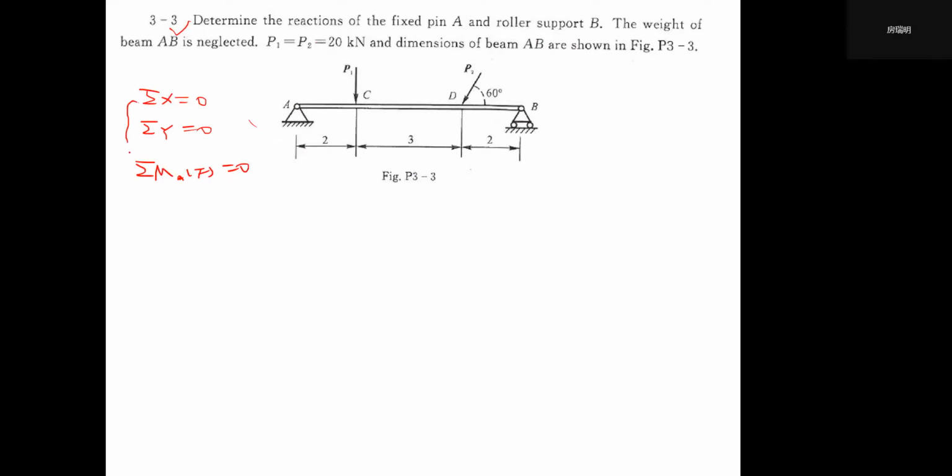So this is homework for you guys. I hope you guys can finish by yourself. And next time we will talk about this problem first, then we'll move on to the new content. Next time we'll do a lot of examples. We will use these 3 equations many times, right? I think that's all for today.